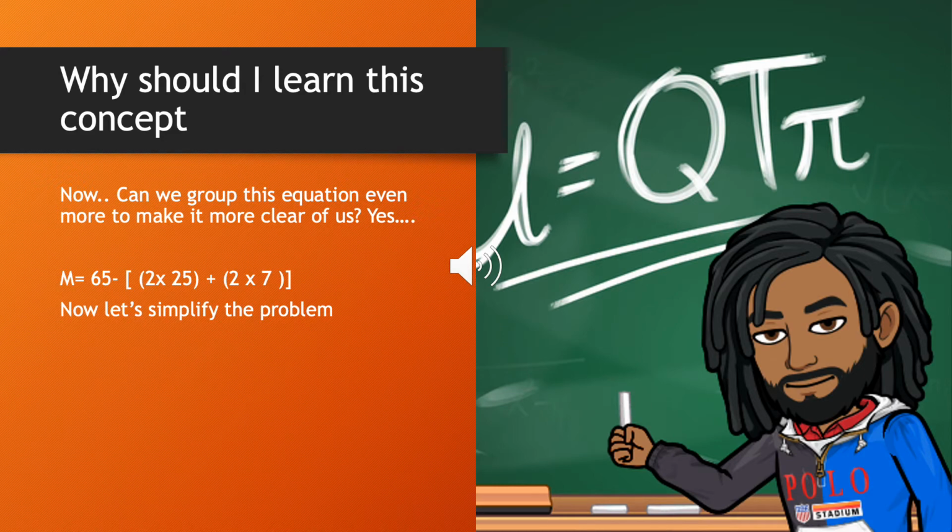So now we have our full equation for our unknown quantity. We have m equals 65, and the 65 represents what? Yes, the total amount of money we have. So we have m equals 65, and then our brackets grouping our equation together: 2 times 25 plus the sum of 2 times 7.